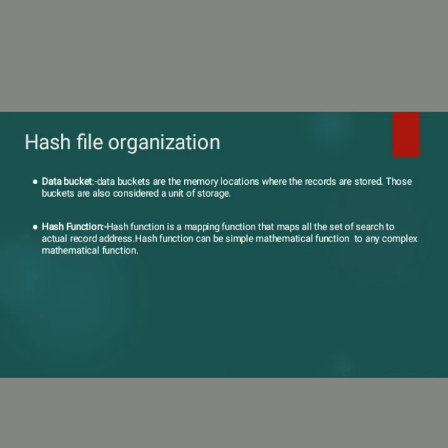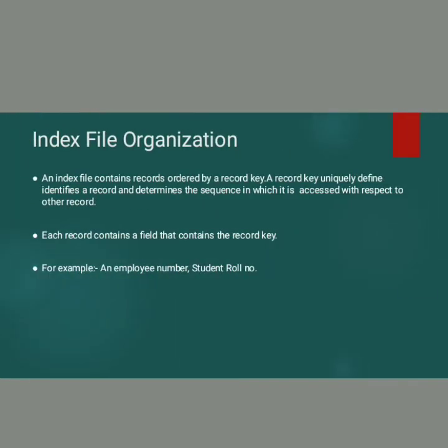In hash file organization, there are two main concepts. First, data buckets. Data buckets are the memory locations where the records are stored. Those buckets are also considered a unit of storage. And the second concept is the hash function. A hash function is a mapping function that maps the set of search keys to actual record addresses. A hash function can be a simple mathematical function or any complex mathematical function.